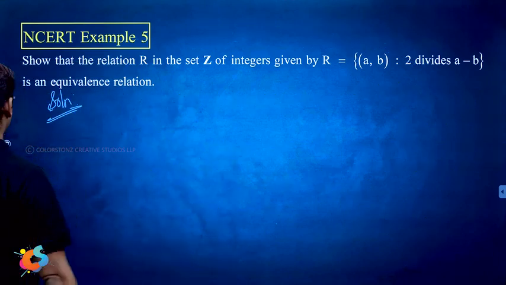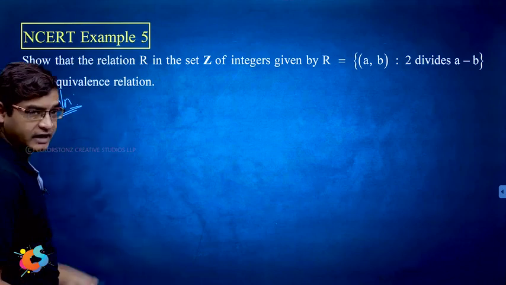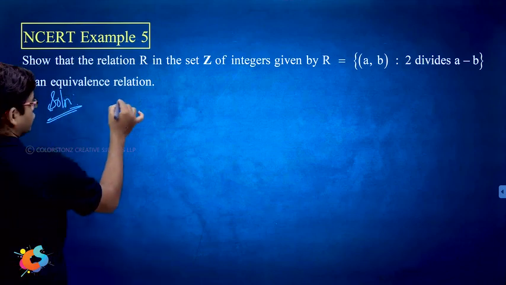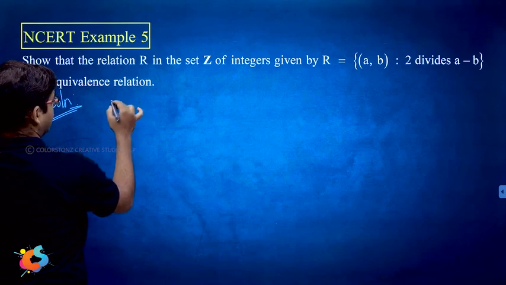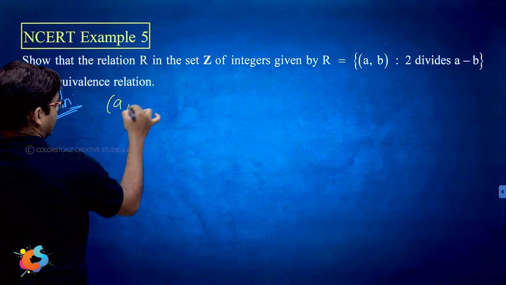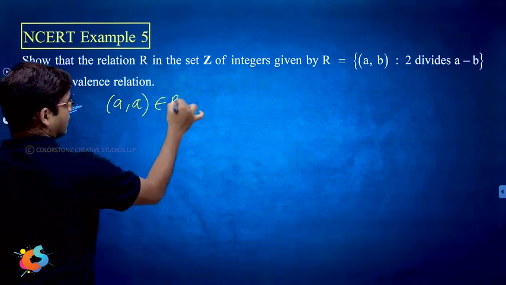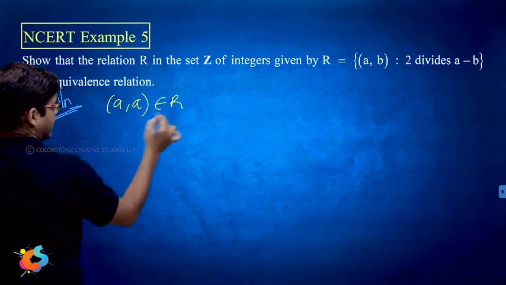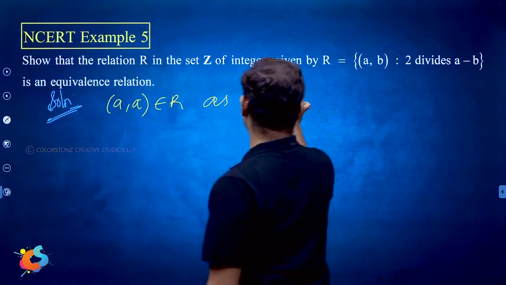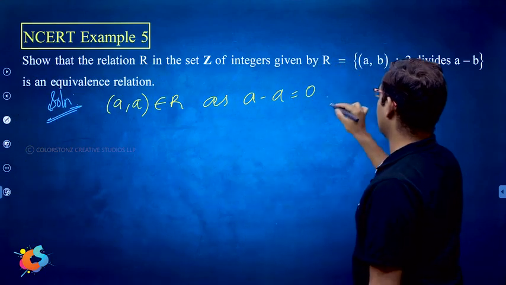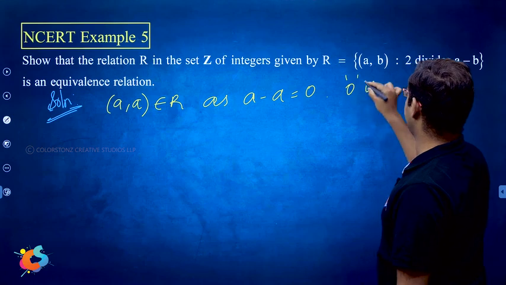So let us write the same thing the way you have to write in boards, not in a very rough way, but in a fair way. So a comma a belongs to R as a minus a is equal to 0 and 0 is divisible by 2.